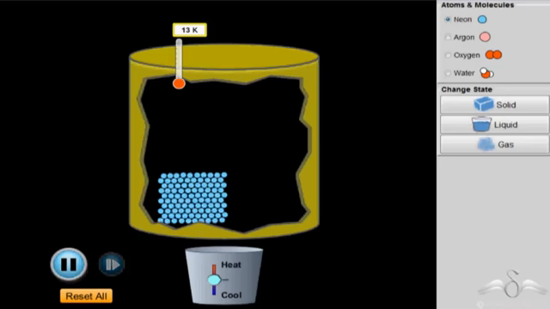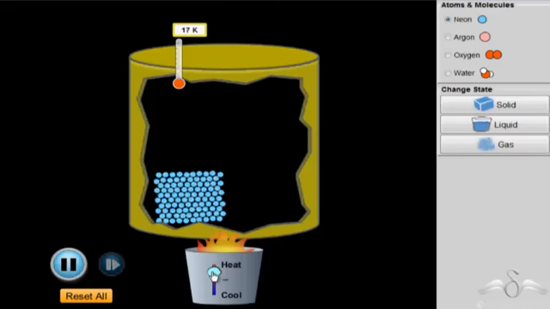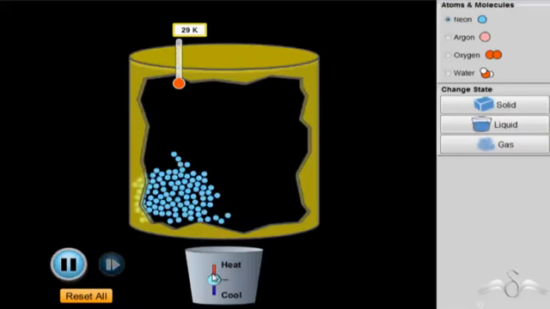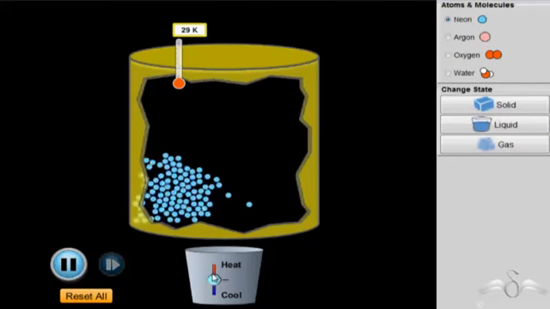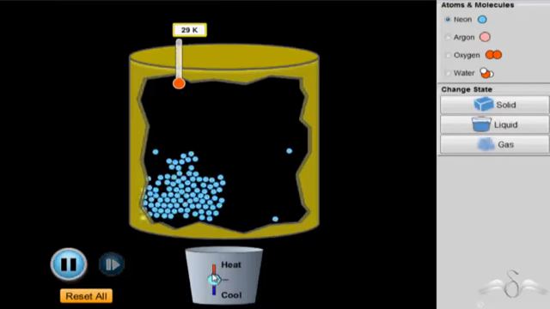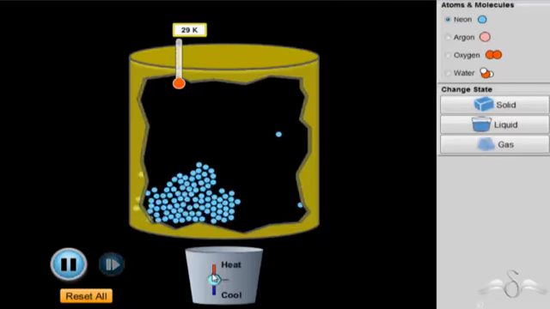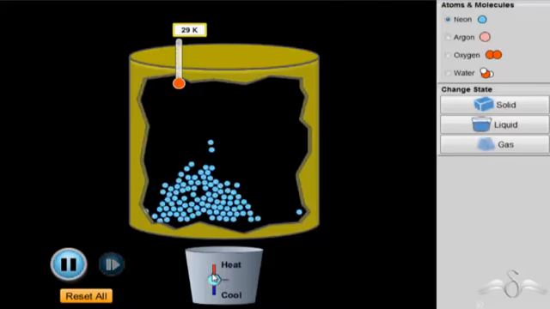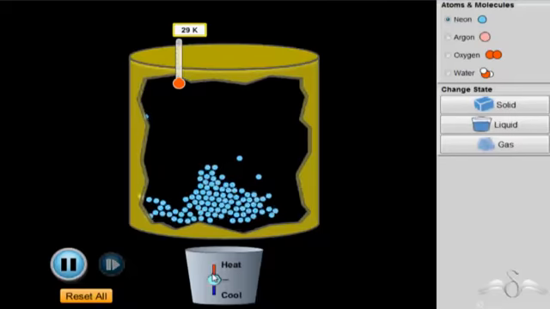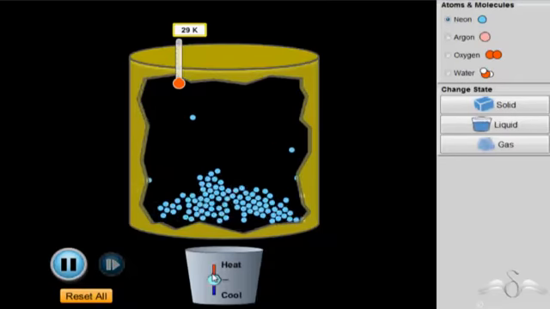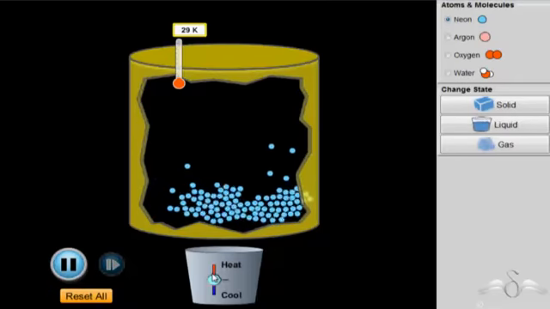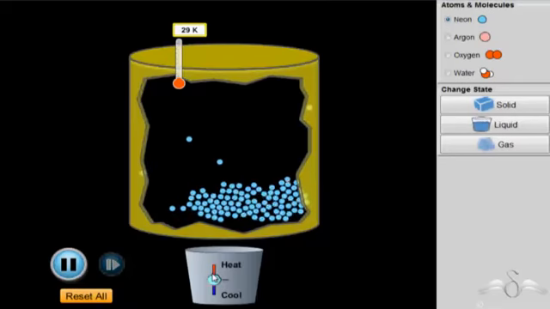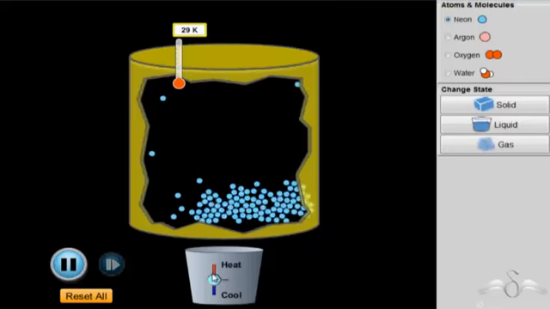So here you have a solid sample. We provide heat to the sample. As we provide heat, you see that the kinetic energy of the particles increases. Therefore, the speed of the particles starts to increase. The inter-particle space between them increases, and therefore the inter-particle force of attraction between the particles starts to decrease, and therefore the solid form is converted into the liquid form as we provide heat energy to the sample.